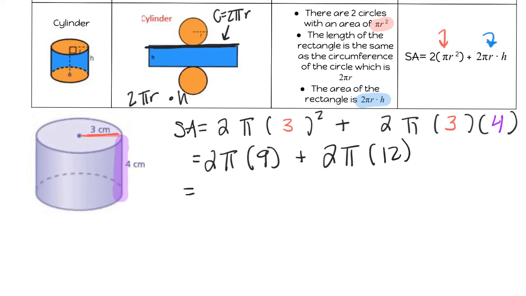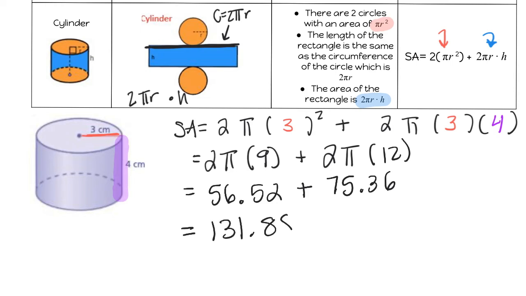So I'm going to take 2 times 3.14 times 9, which is 56.52, plus 2 times 3.14 times 12, which is 75.36, and I add those together and I get 131.88 square centimeters.